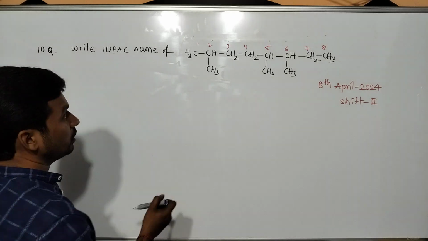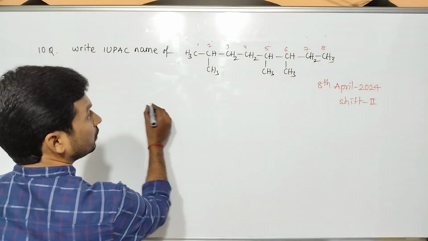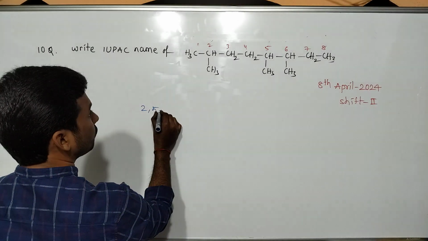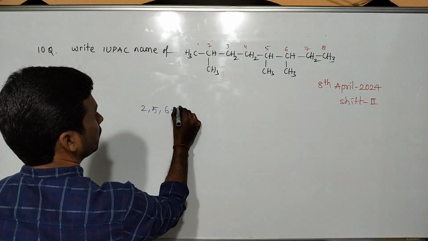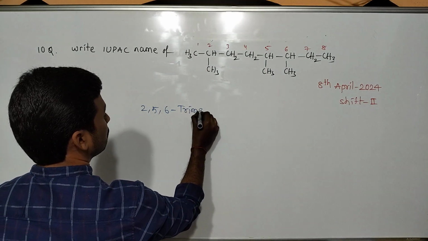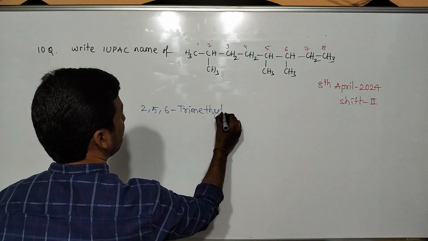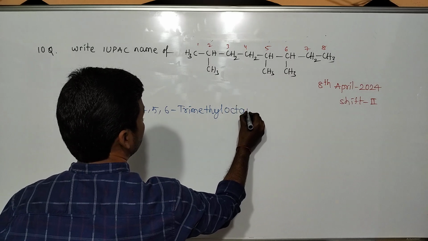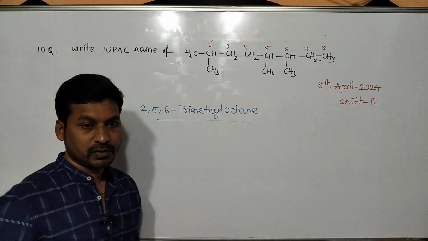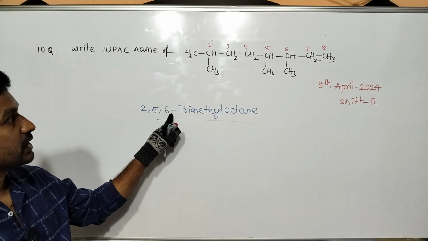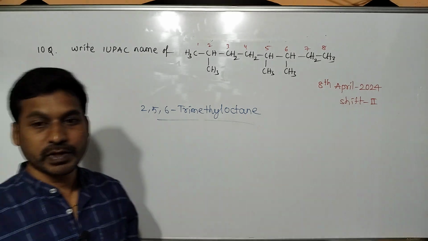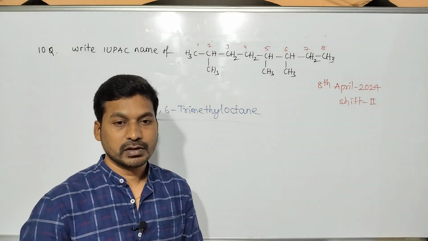Which positions? Second, fifth, sixth. Trimethyl octane is the IUPAC name of this molecule. Okay. 2,5,6-trimethyl octane is the IUPAC name of this molecule. Next question.